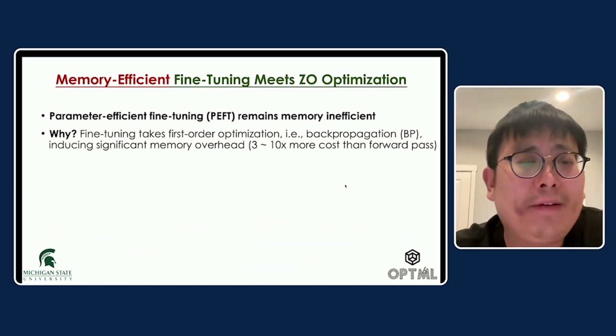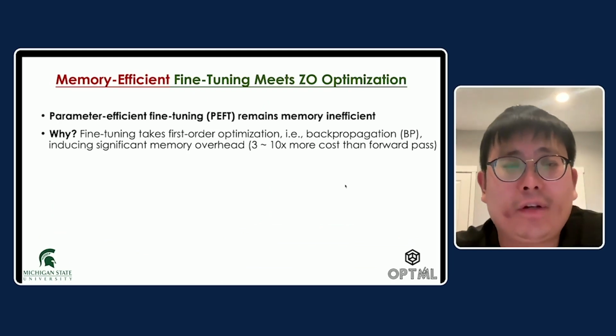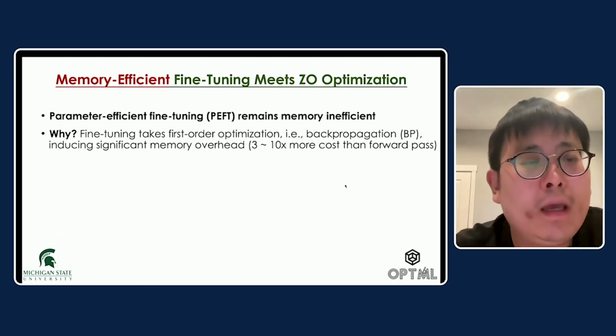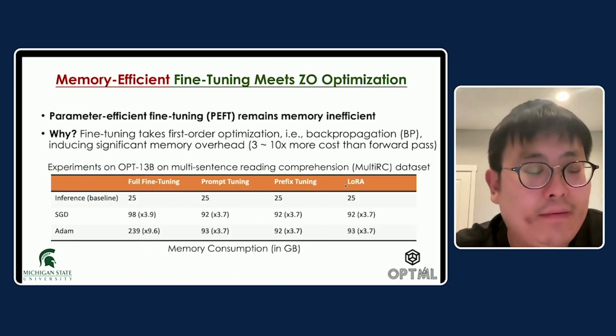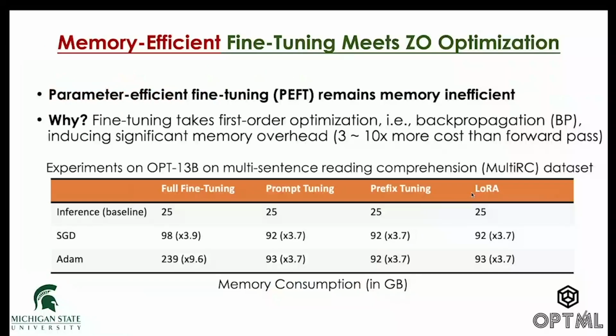Let's just look at the fine-tuning, which can take first-order optimization, which is BP-based, and compare it to several different first-order methods. Suppose we want to fine-tune the OPT 13 billion model on the MultiRC dataset. And we do different parameter-efficient fine-tuning methods. Like full fine-tuning, this is not parameter-efficient.